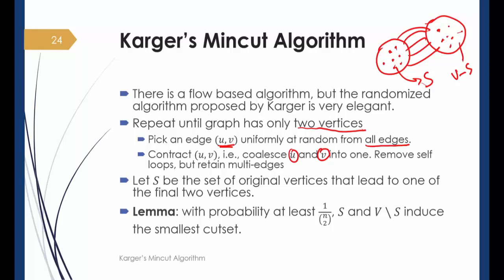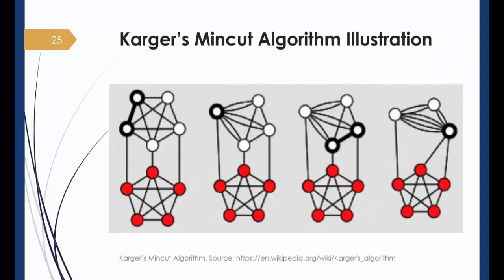The claim now is that with a good probability, non-zero probability, in fact, 1 by polynomial in n probability, S and V minus S actually induce the smallest cut set. So, this seems quite magical. Let us look at an example that might give us some intuition as to why this is true, and in the subsequent segment we will actually analyze it more carefully.